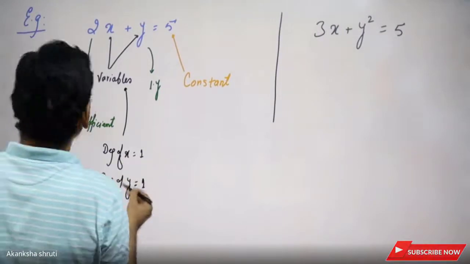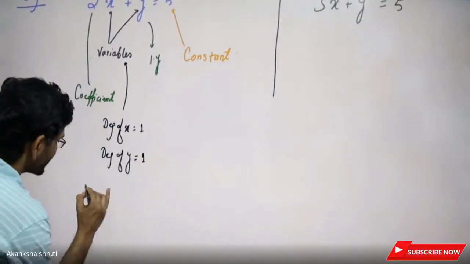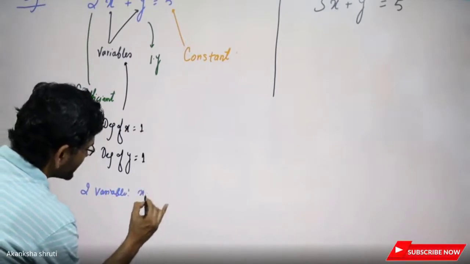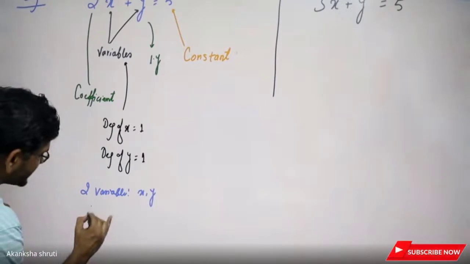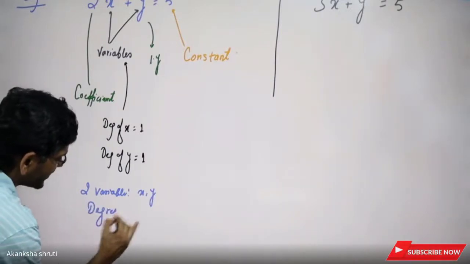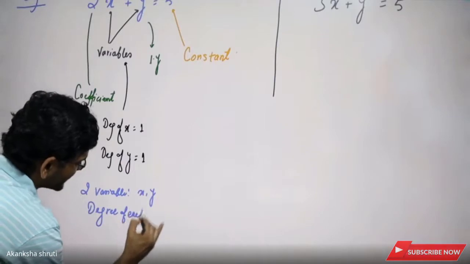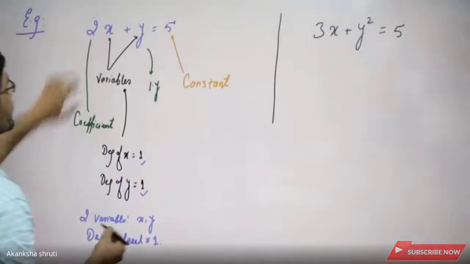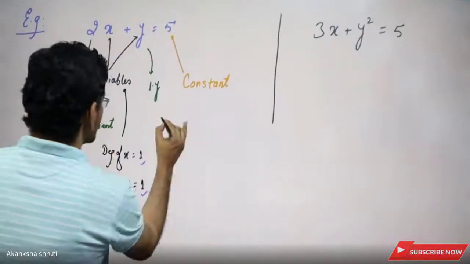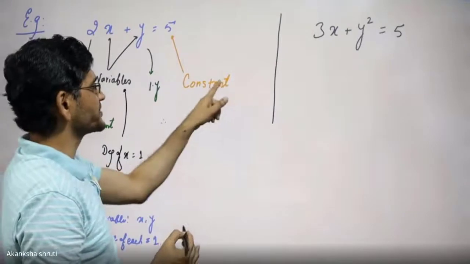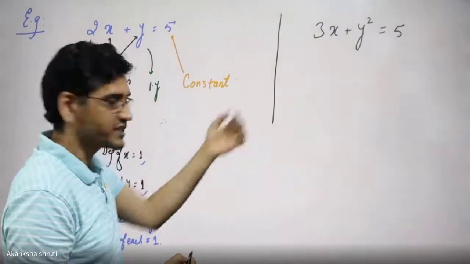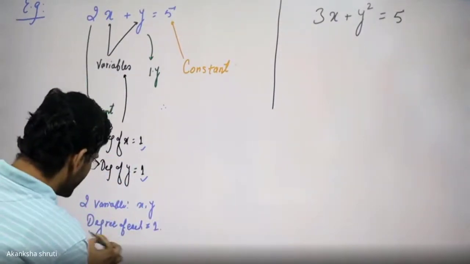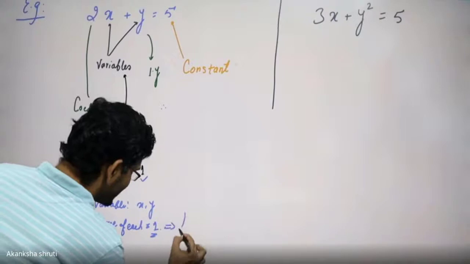This way we have two variables, x and y, and the degree of each of these variables is 1 only. Therefore this will represent, whether this constant is present or not, that doesn't matter. Therefore, degree 1 means it is called linear.